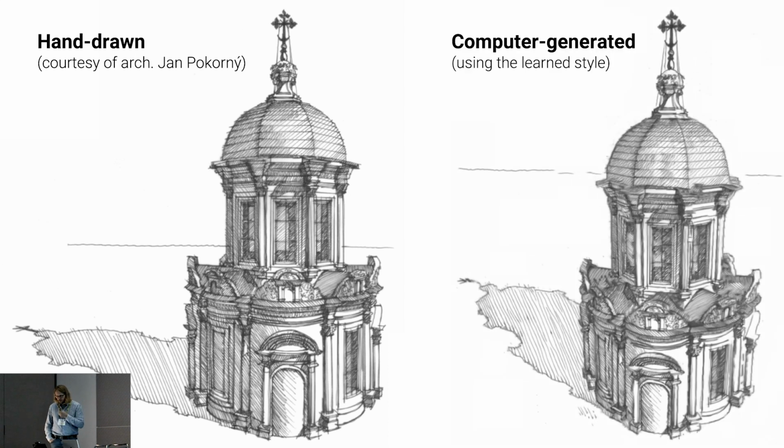So the first thing that we started looking into was, okay, if we show the computer an image like this, can we then, just by analyzing this, automatically regenerate different views and different variations of the same building? And this is something that's almost already working, and once we get it working, we will take it further down.